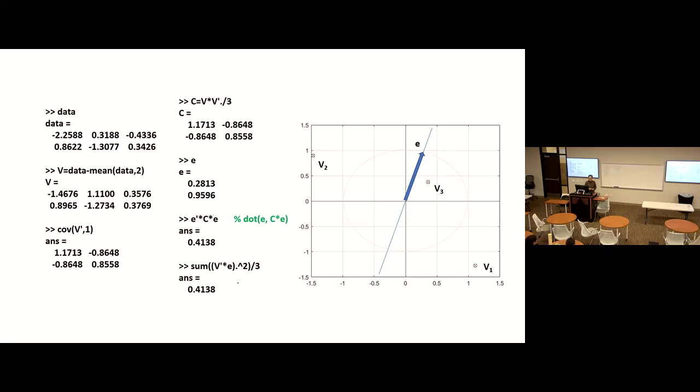So we have 3 points, V1, V2, V3. That's in our data. 3 vectors put together.